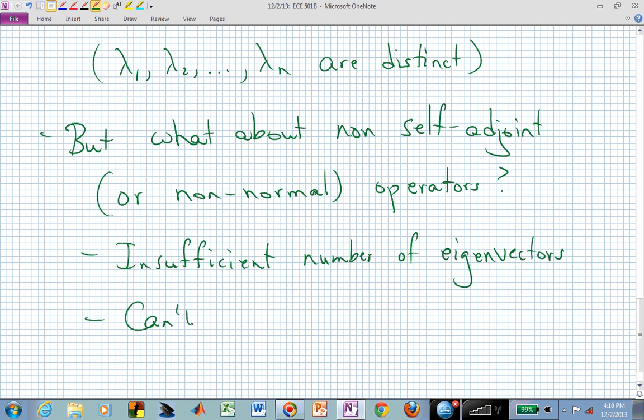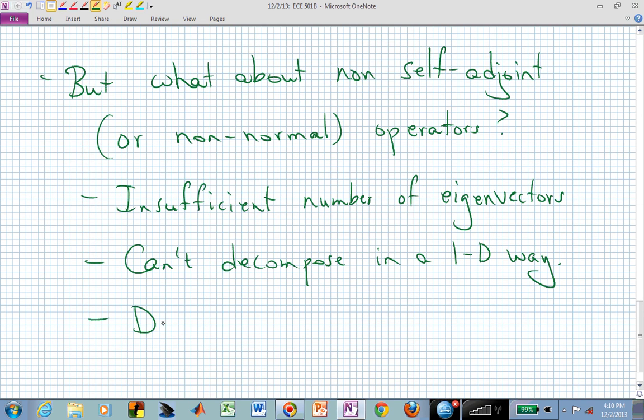And because of that, we can't decompose in this one-dimensional way. Or said another way, there may not be a diagonal matrix representation in a particular basis. So the diagonal matrix may not exist.